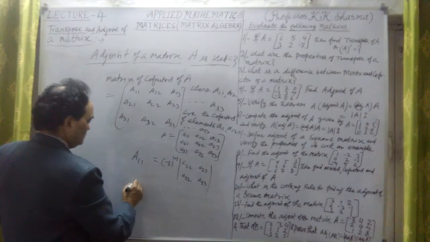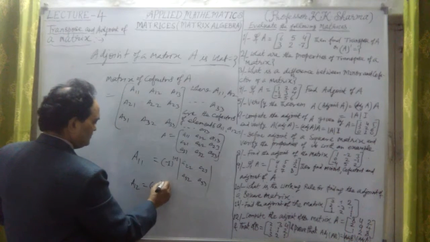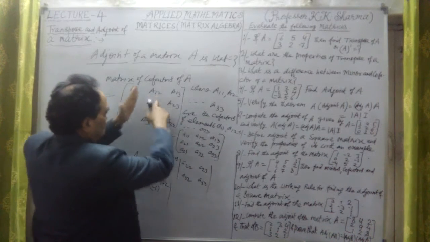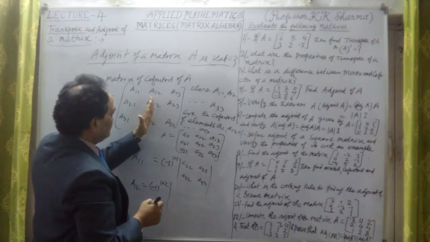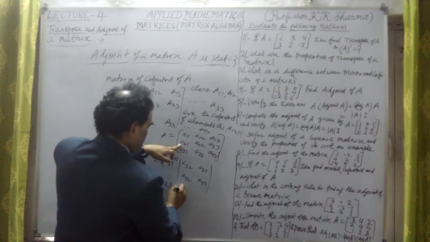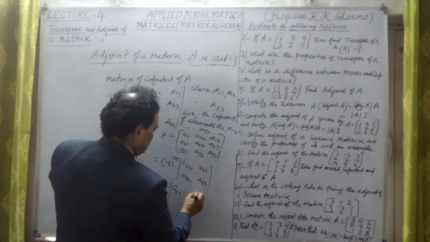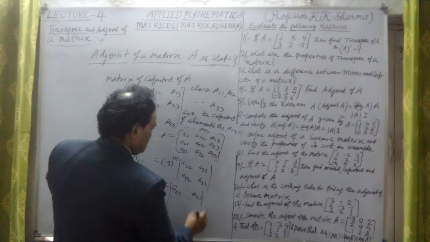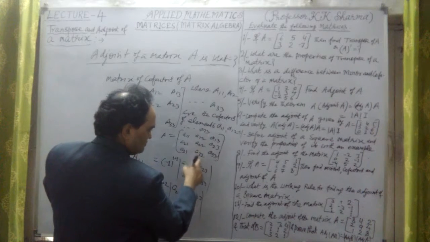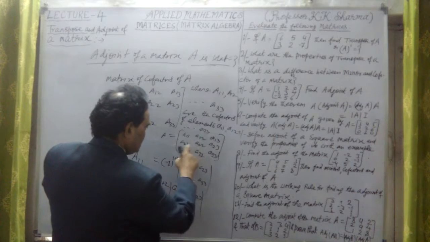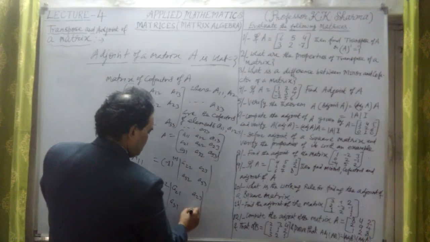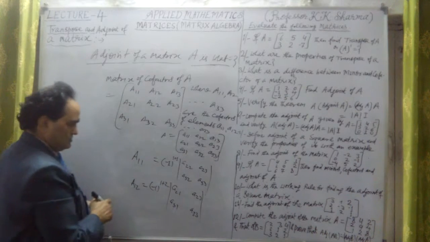Similarly, A12 is minus 1 raised to the power 1 plus 2, a negative sign, times the determinant of the remaining elements. We leave out this row and this column, so the remaining are A21, A23, A31, A33. This is A12.